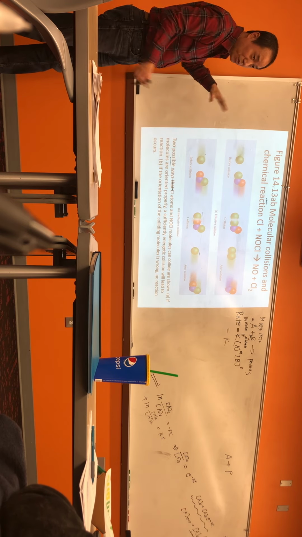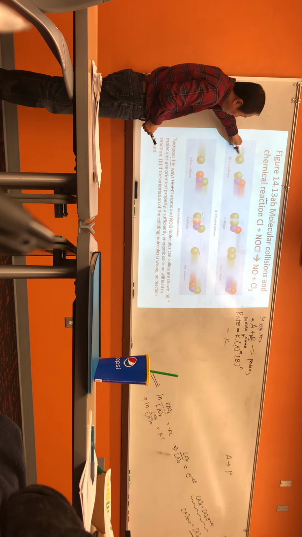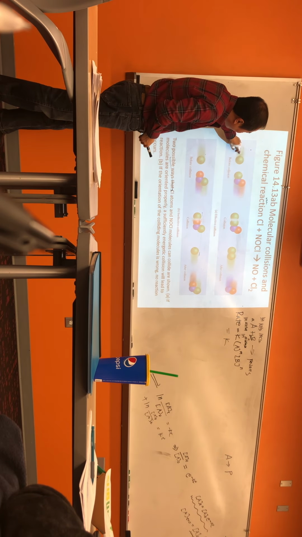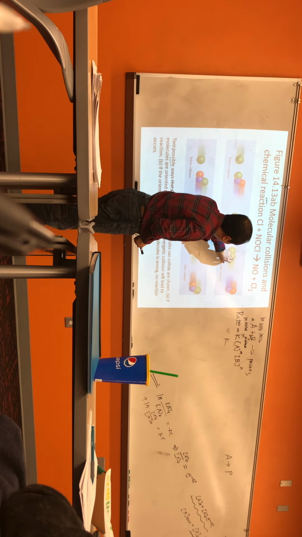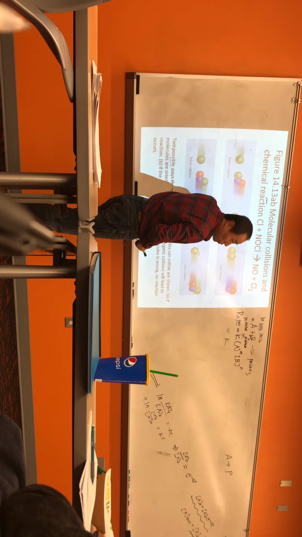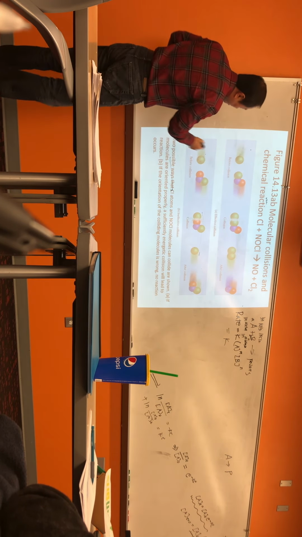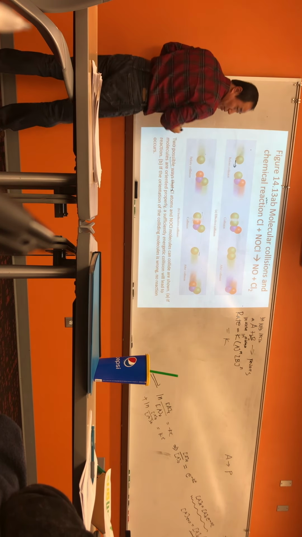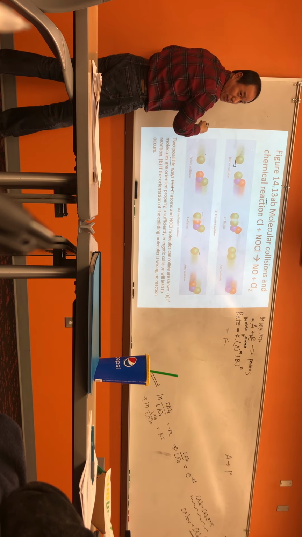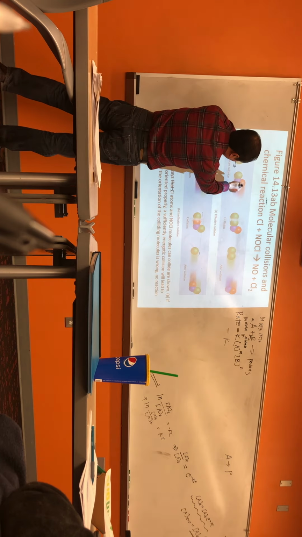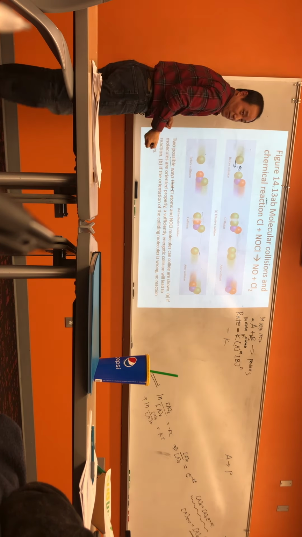You have to approach in the right orientation, and you have to have enough energy. Then you can take one of the chlorines out of this molecule and make a product. But if this collision is weak, not strong enough, it will simply bounce off, just like that, as a single molecule.